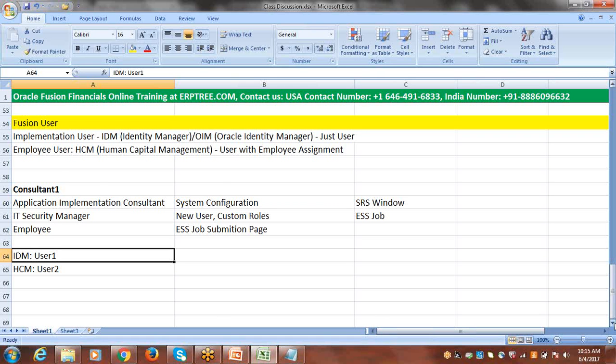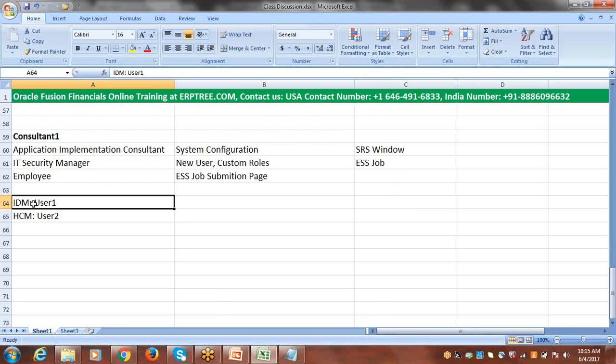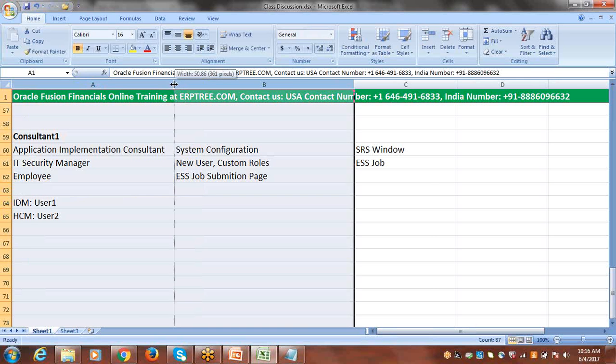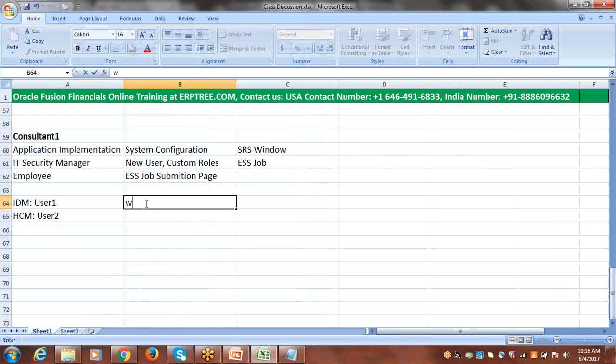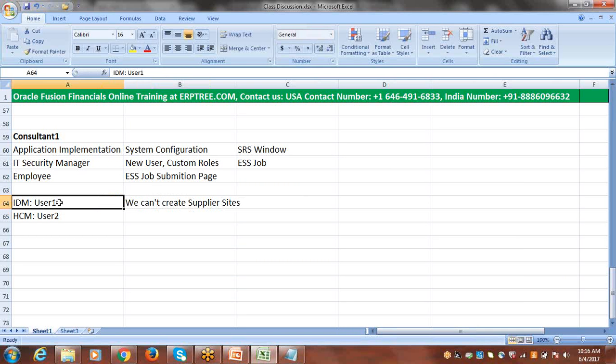Now say, using user 1, I completed all the setups. You can complete any setups using user 1, which is an IDM user, an implementation user, but using user 1 you cannot create supplier sites.